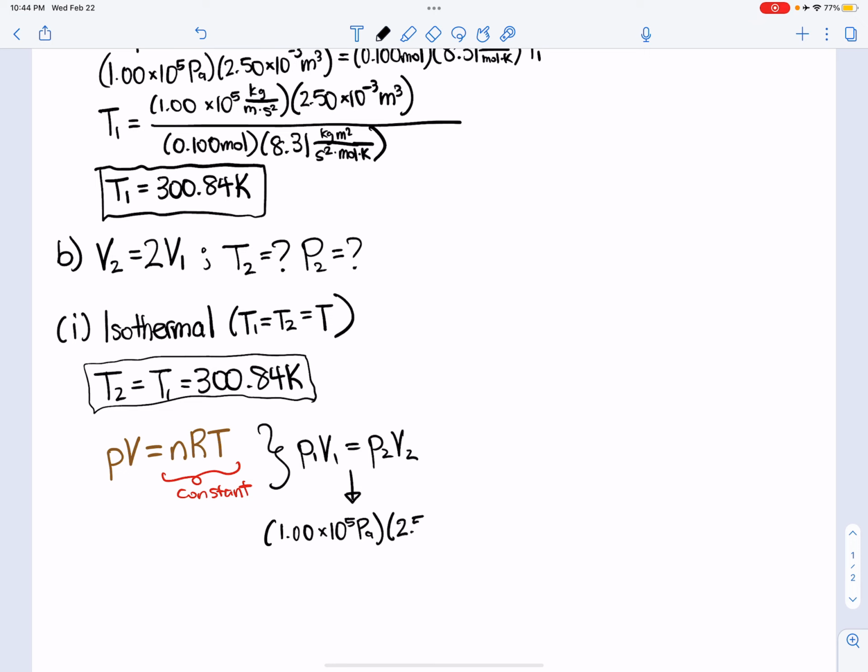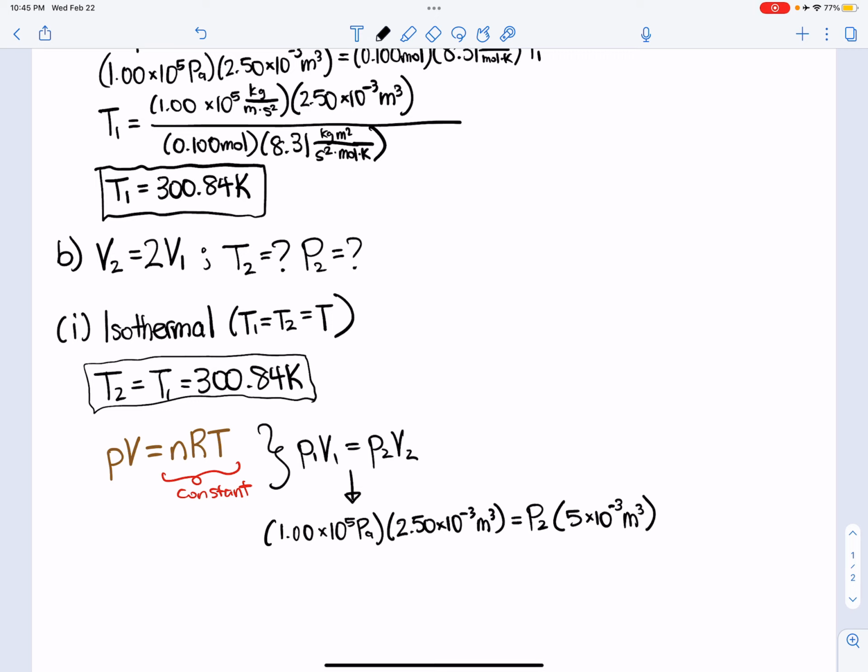So 2.50 times 10 to the minus 3 cubic meters is equal to our final pressure times V2, which is twice V1, right? That was given. And what is twice V1? That would just be 5 times 10 to the minus 3 cubic meters.